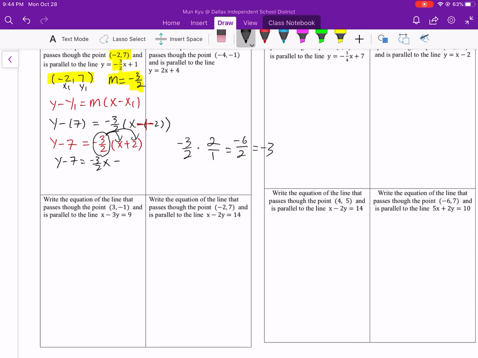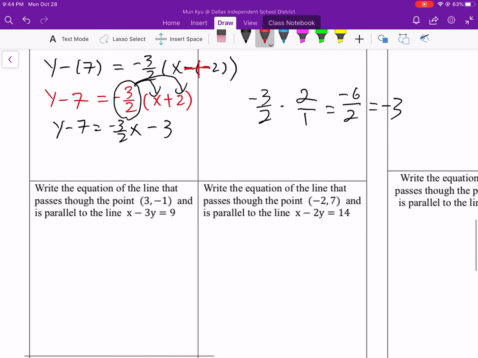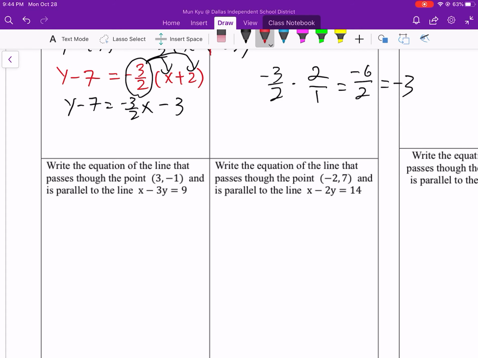We still have the last step, plus 7, which gives you y equals -3/2x. -3 plus 7 is +4.